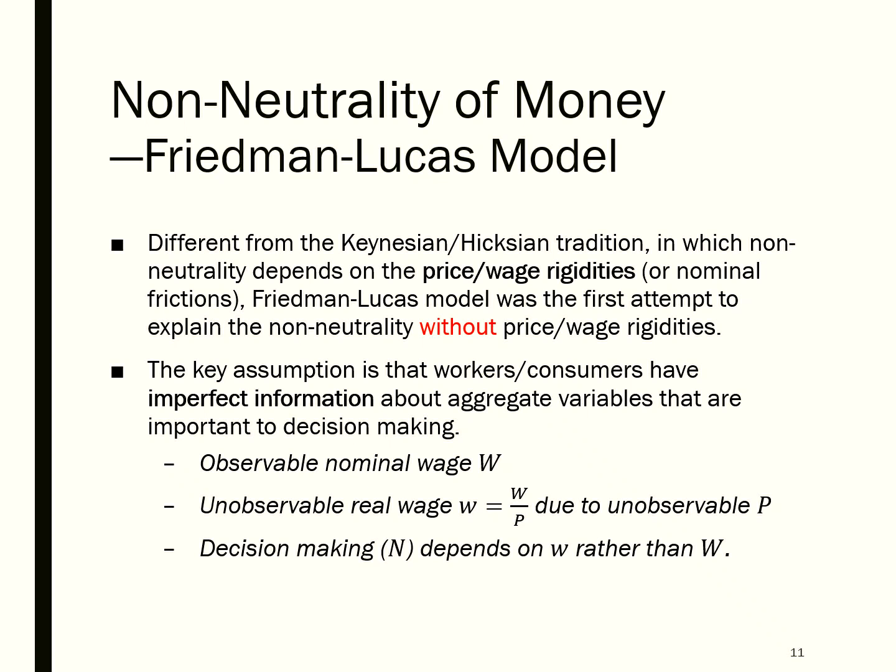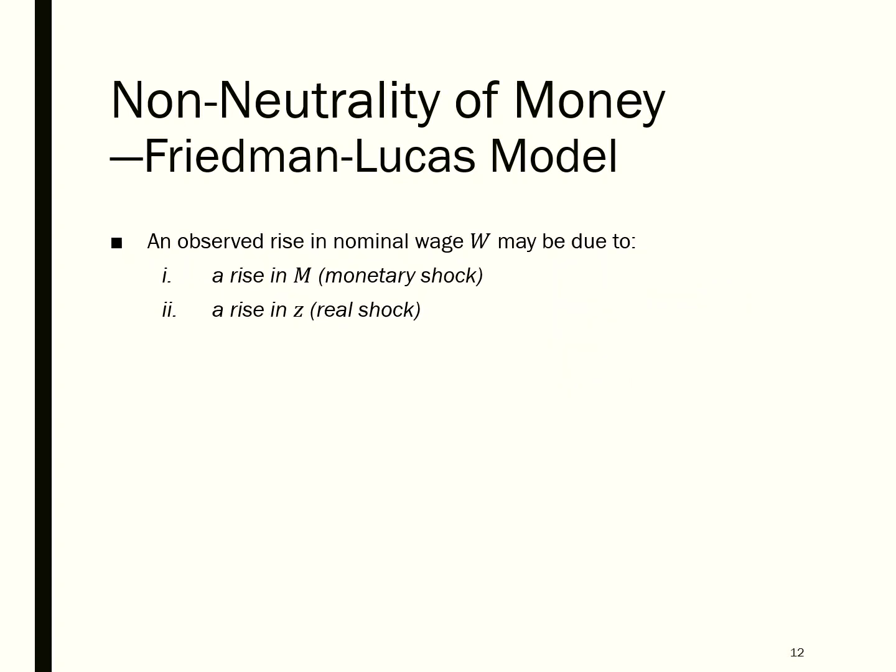And your decision making, as we have seen in the previous semester, depends on the real wage rather than the nominal wage, because what really matters is how many potatoes you can have after getting your wage, not how many pounds you get, because it really depends on the price level of potatoes when you can purchase it using your nominal wage.